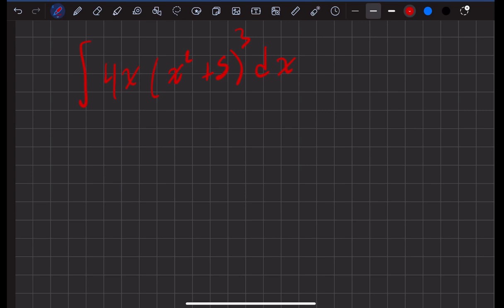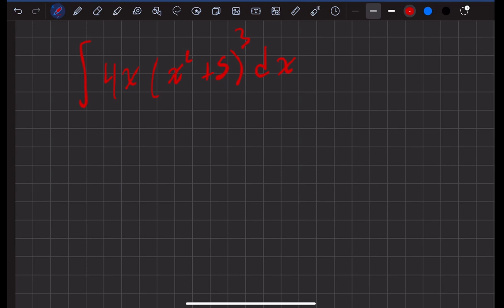So u-sub is just trying to find a substitution, which we're going to call u, and then inputting that substitution into our equation, and that'll help us find our answers. First we have to find a substitution for u. It's usually easiest if you find something within parentheses or within some sort of function.